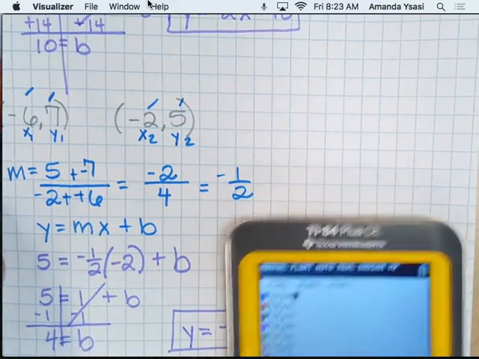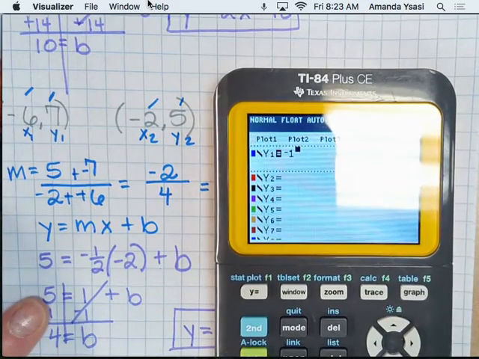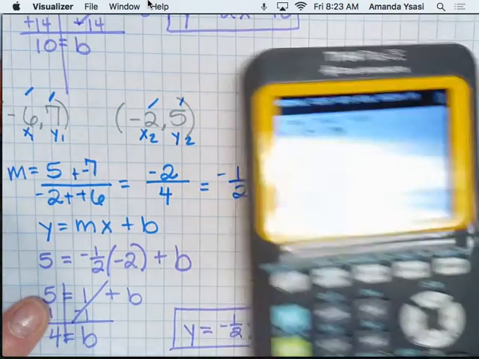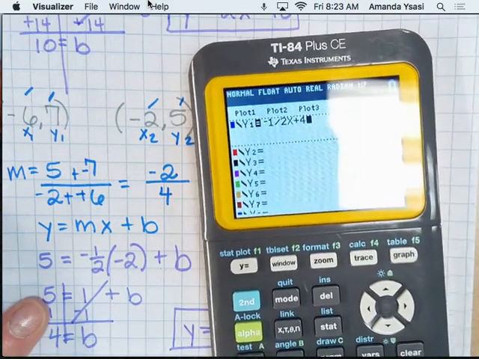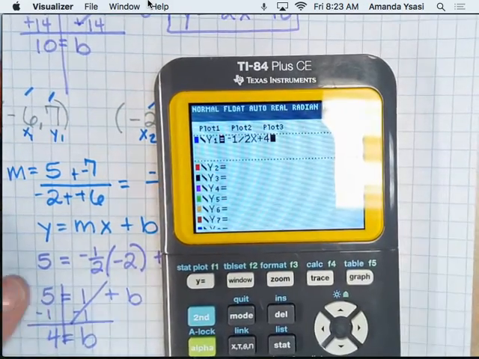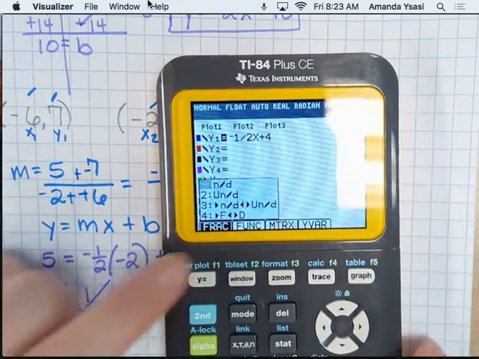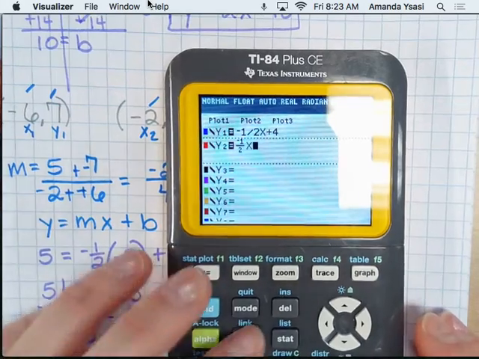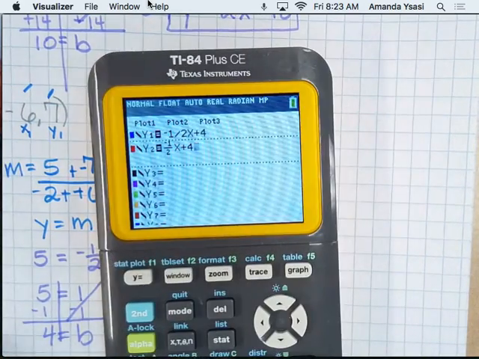Okay, so y equals negative 1/2 x plus 4. I do it like that, but you can do it with the fraction. That's just me being lazy doing it like that. These mean the same thing.